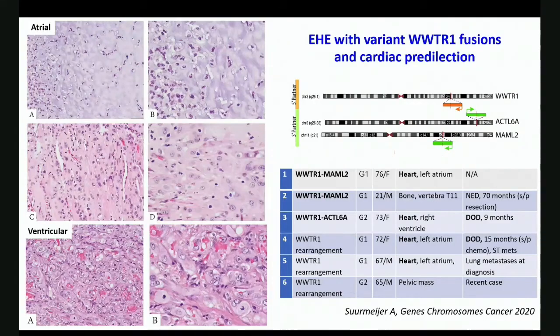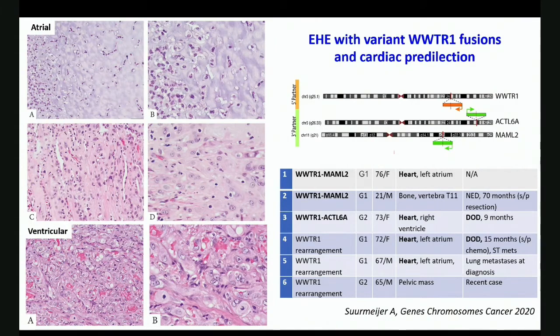Last year, we described an additional molecular subset harboring WWTR1-related fusions, including the WWTR1-MAML2 fusion. These tumors had a predilection for the heart, often in the left atrium, but other locations as well. The morphology was similar to classic EHE, revealing both low and high risk phenotypes as shown in these images, and having a propensity for fatal outcome.